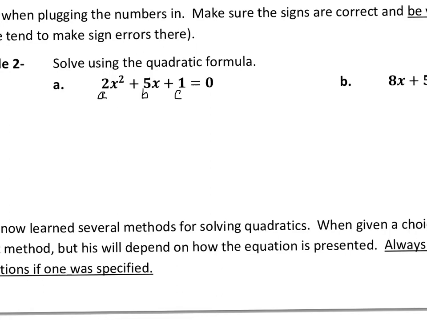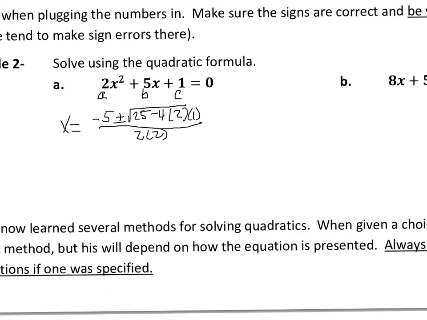Now let's plug it into your quadratic formula. So x equals negative b plus or minus the square root of 5 squared, which is 25, minus 4 times a, which is 2, times c, which is 1. We really don't have to write that down, but we will. All over 2 times a.